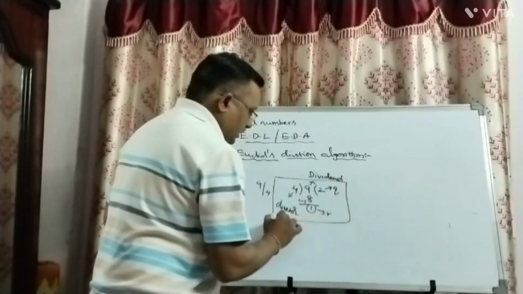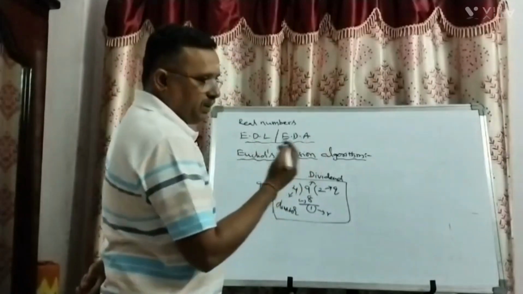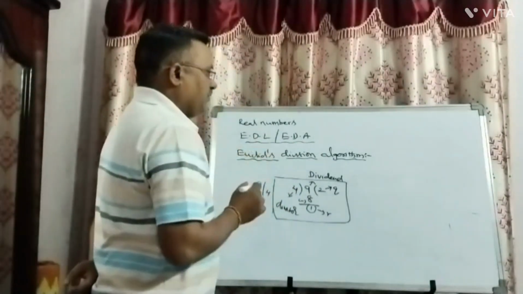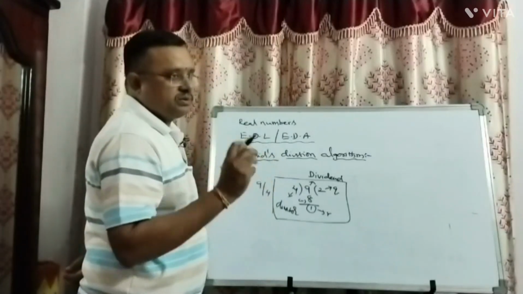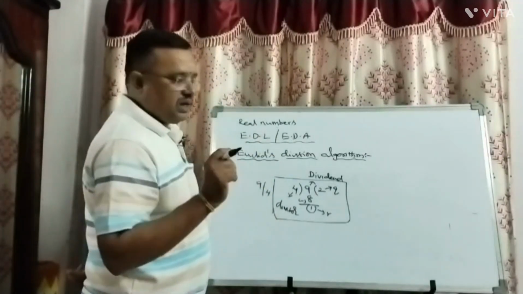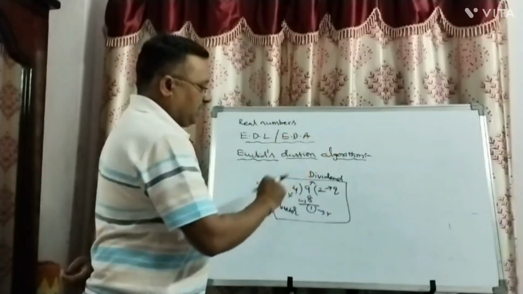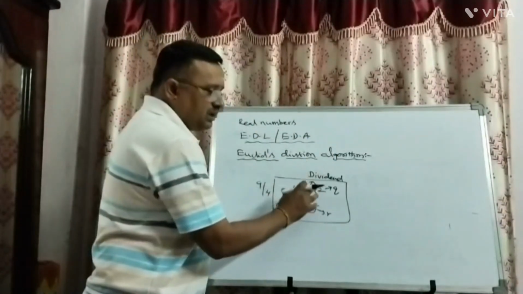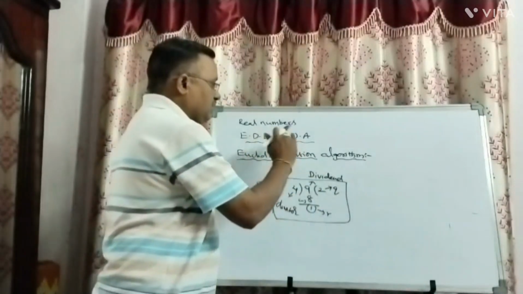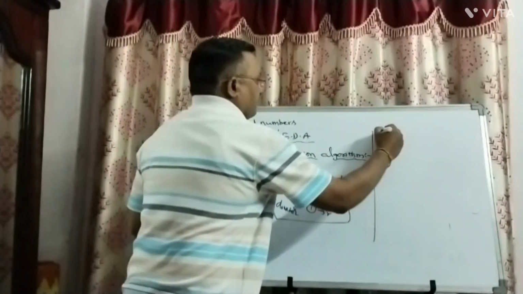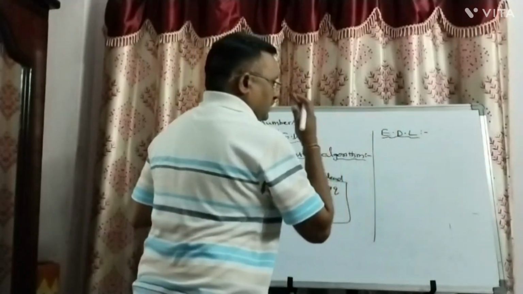So this process completely depends upon Euclid's division lemma. The famous Greek mathematician Euclid, in his famous book The Elements, 7th book, contains Euclid's division lemma and Euclid's division algorithm. Based upon that only, unknowingly we are doing this long division process. What does this Euclid's division lemma explain?